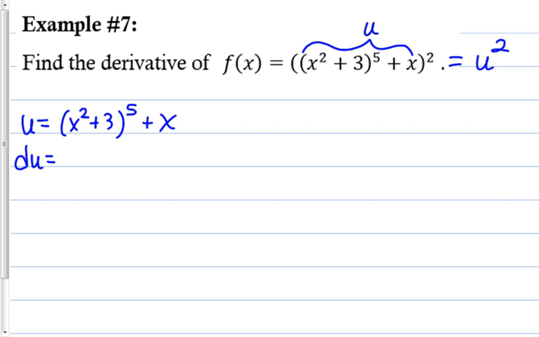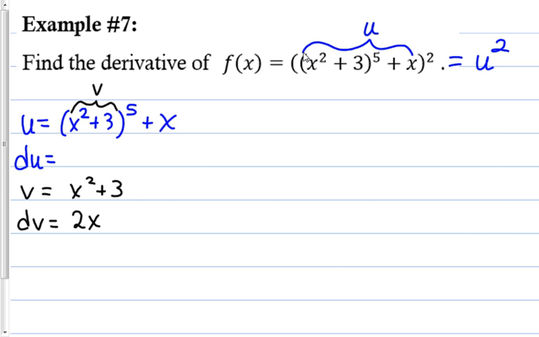But I'm going to tell you right now that this is also a chain rule because of this stuff in the parentheses. So I'm going to call that v. Okay, so this changes to v to the 5th plus x. So that means I need v, and I'm going to need dv. So v is x squared plus 3, so the derivative of that is 2x.